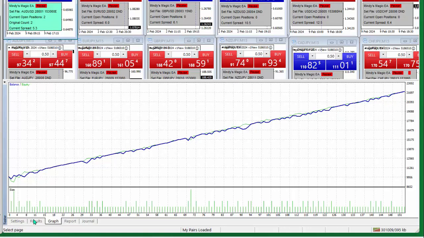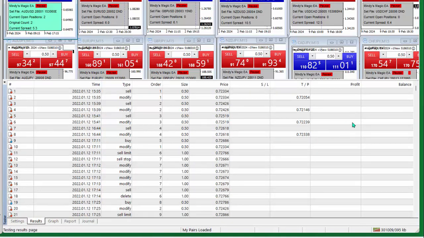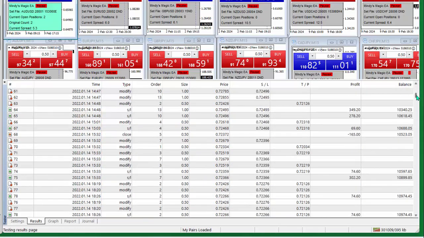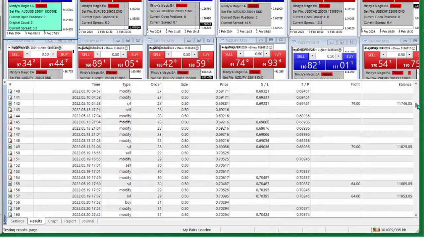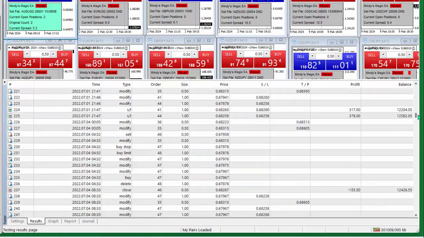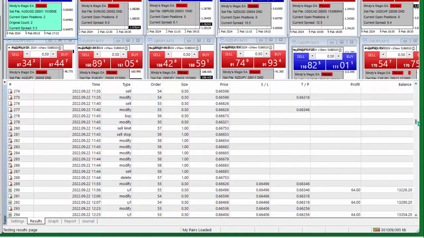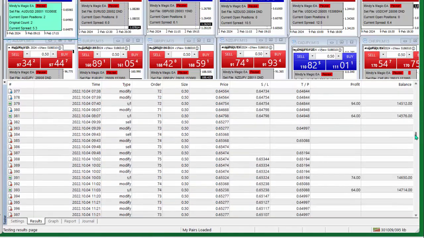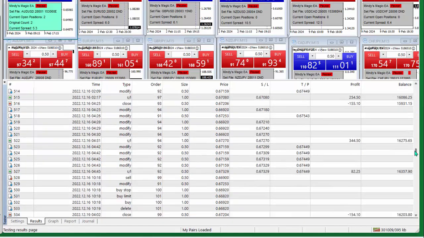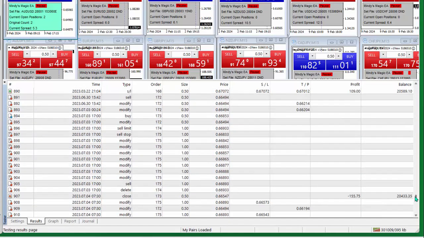Now we can also see in the results, starting at the top of the list, every trade that entered and exited. So we have a complete list of all of the trades that the EA found to make in this pair during that time period.